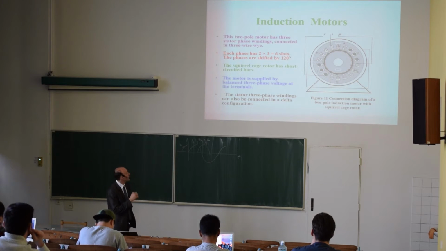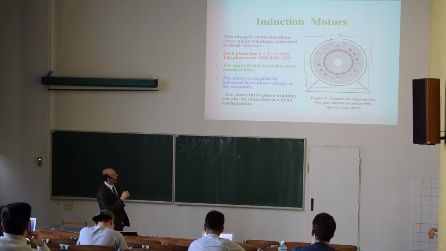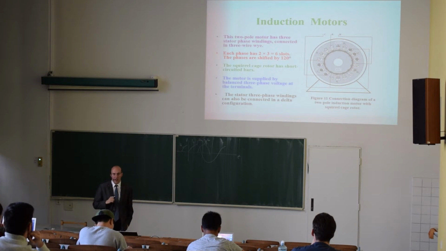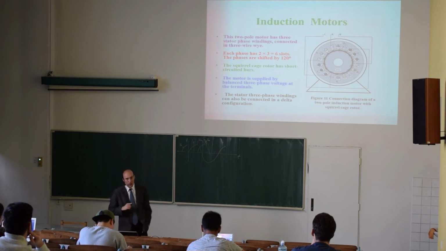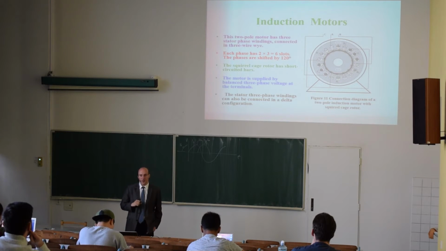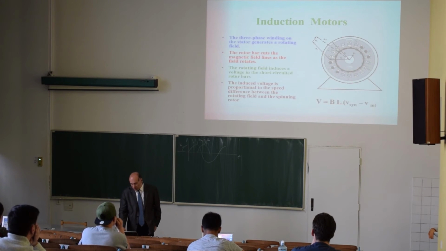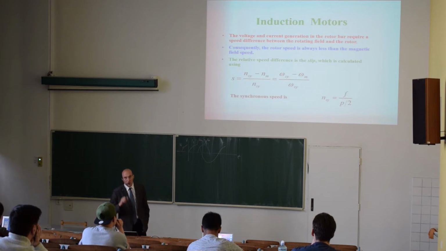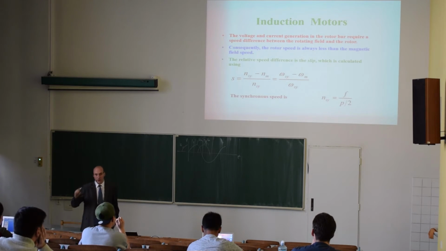So if I have a machine like this, so I have windings, one here, so A, B, and C. I have one pole pair, and if I power this with a frequency of 50 Hertz, then the synchronous speed will be 3000. So the speed of the induction motor depends on the construction and on frequency.